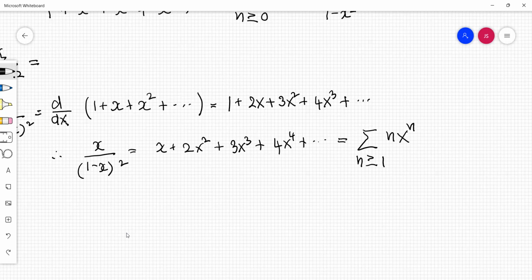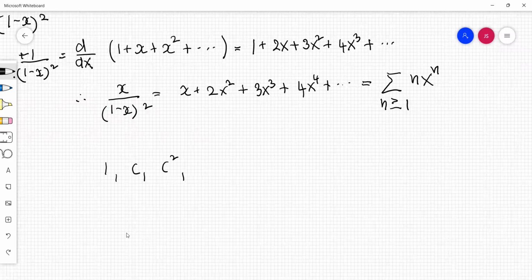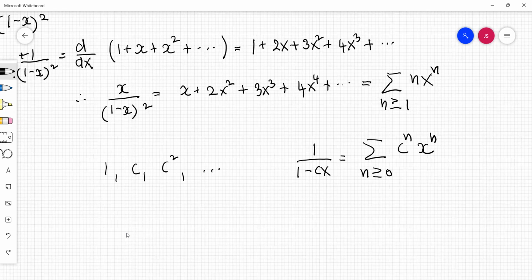That is it, right? And this other one is equal to 1 over 1 minus cx, which is the sum over n greater than or equal to 0 of c^n x^n.